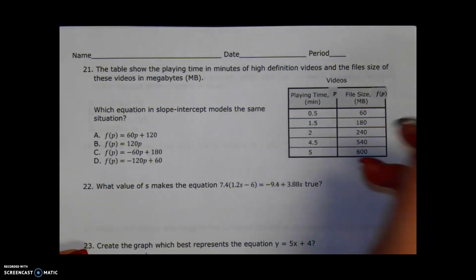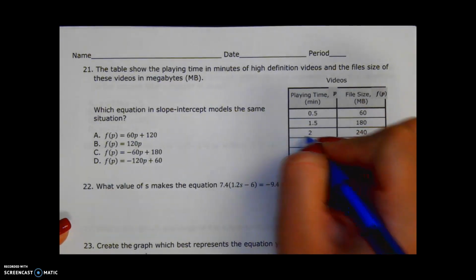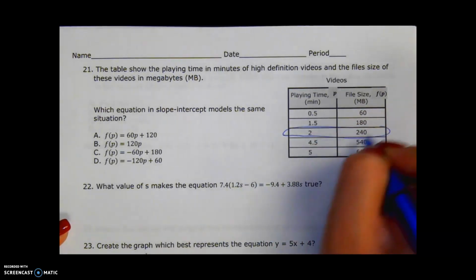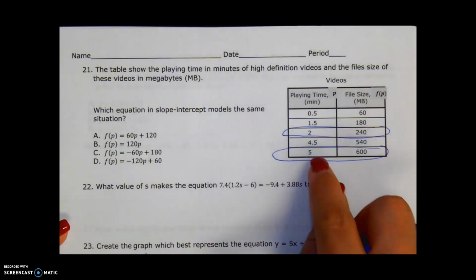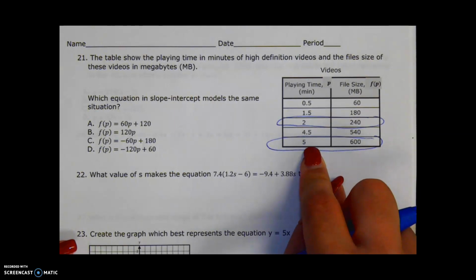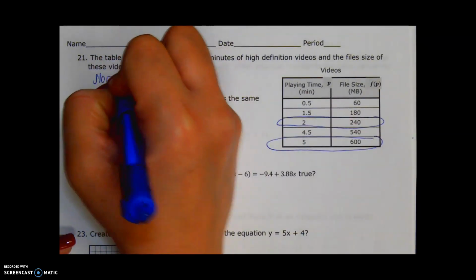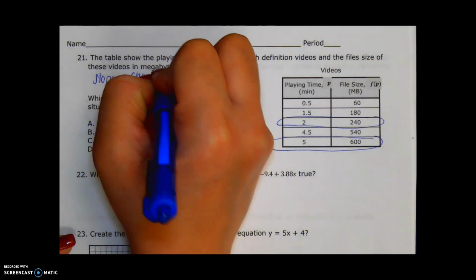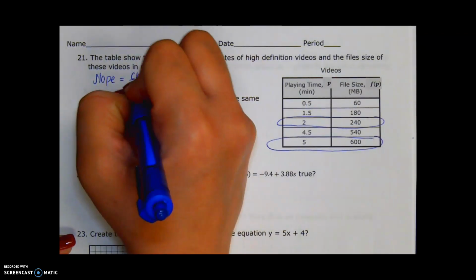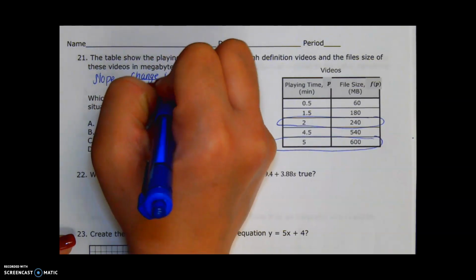Okay. So let's figure out what the slope is. Choose any 2 points. I'm going to choose 2 and 5 just because they're whole numbers and they're positive. I don't have to deal with any decimals. So remember, our slope is going to be our change in y over the change in x.